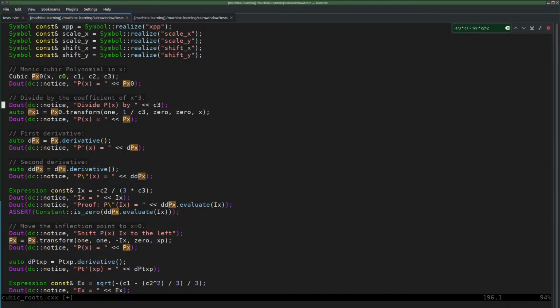Then px0 transformed. And this is the derivative of px1. Second derivative of px1.